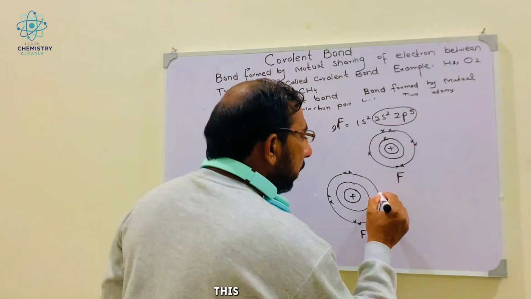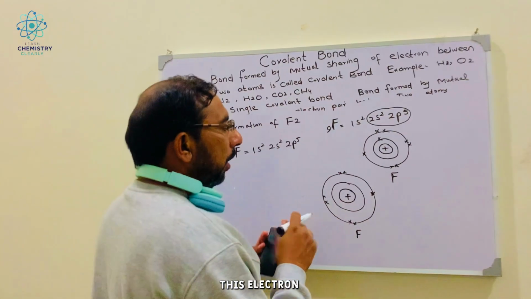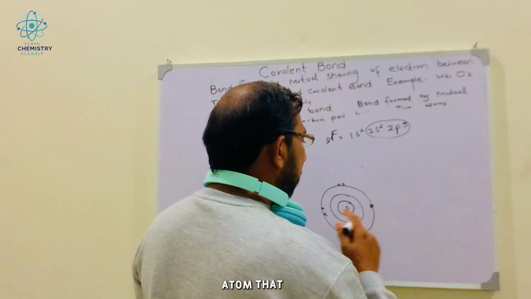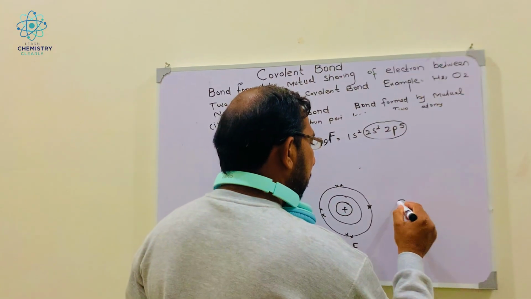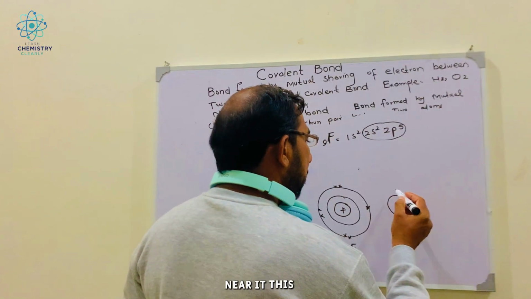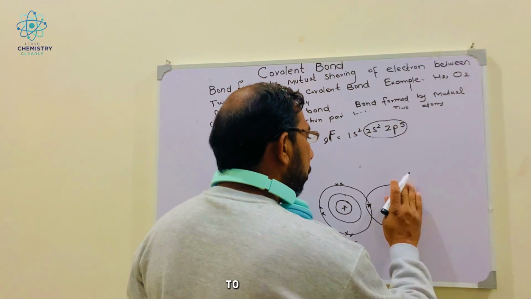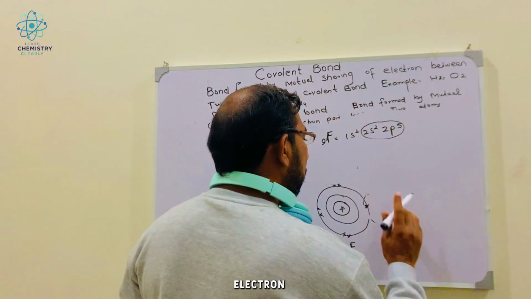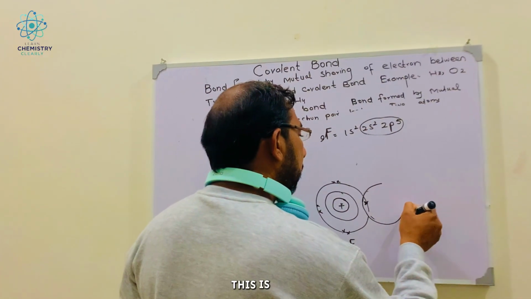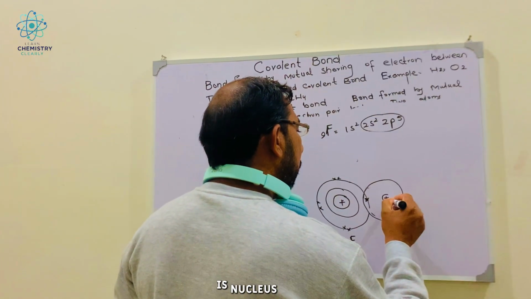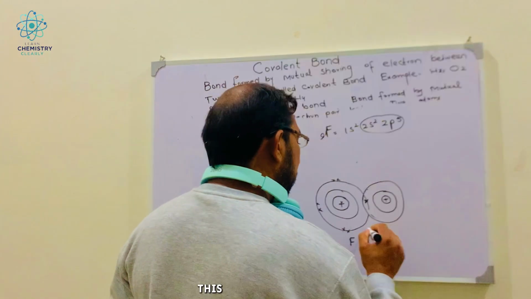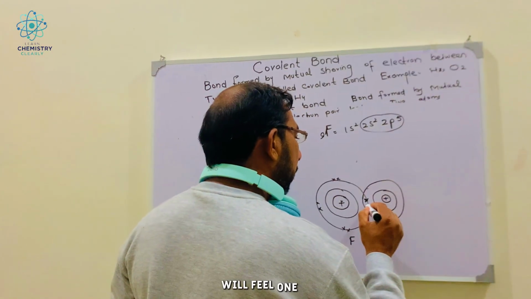This will share this electron. Now the other fluorine atom that is present near it will also share one electron like this. This is the other fluorine atom, and this is its nucleus and its cation. This fluorine atom will share one electron.